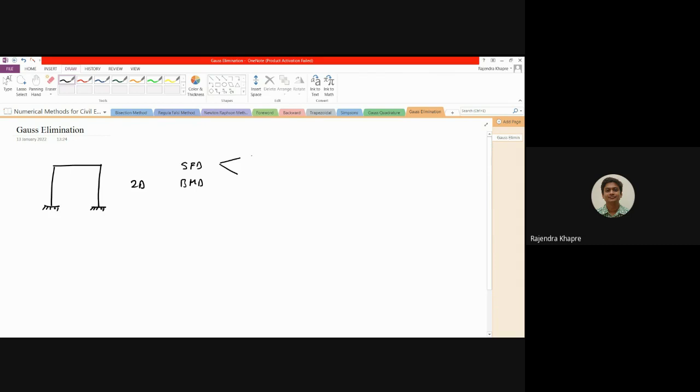One is the matrix method, and the second one is the finite element method. Some portion of both will be covered at your undergraduate level, probably the matrix method in your electives, and the introduction to the finite element method may also be covered in some electives.